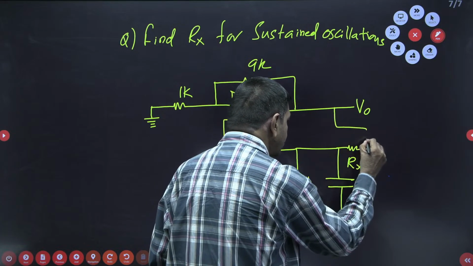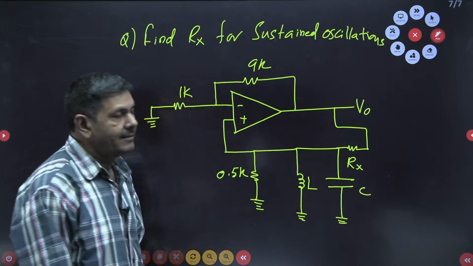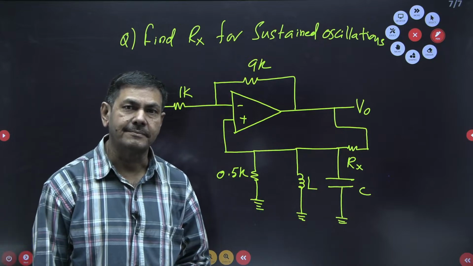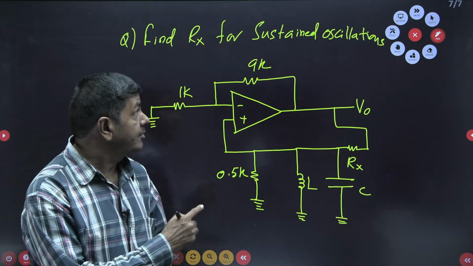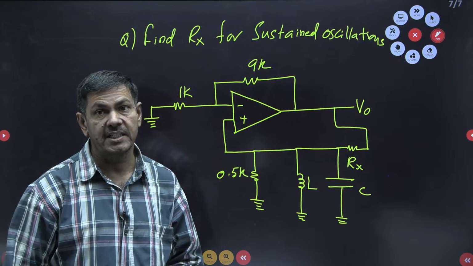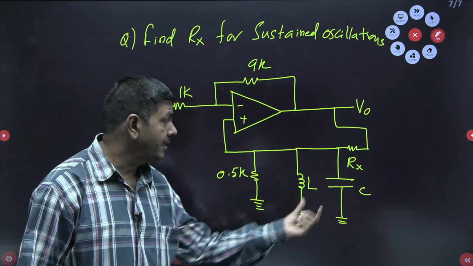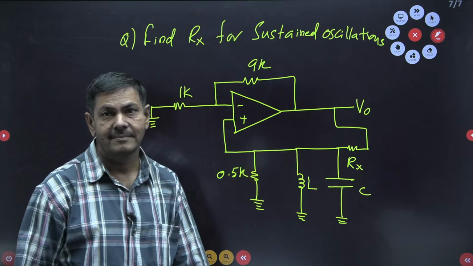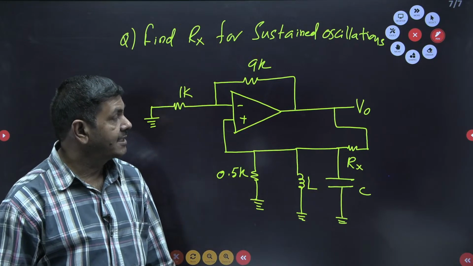This is connected to this side. In that way, the network was given now. It is asking to generate the sustained oscillations, we need to calculate the Rx value. Can anybody find what is Rx from the given network?